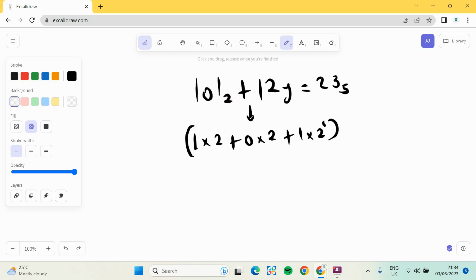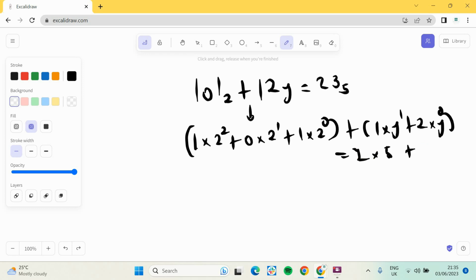I'll give it the power of 0 from right to left, plus 12 base y. That will be 1 times y plus 2 times y. Give the power of 0 from right to left, is equal to 2 times 5 plus 3 times 5. I'll give it the power of 0 from right to left.